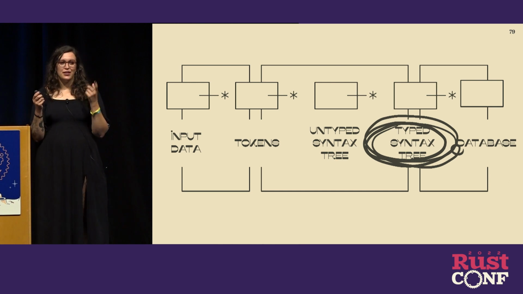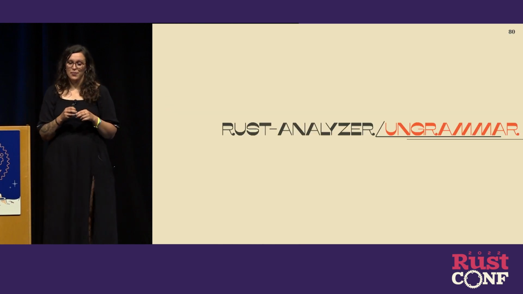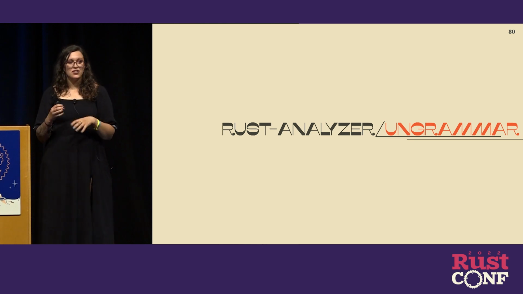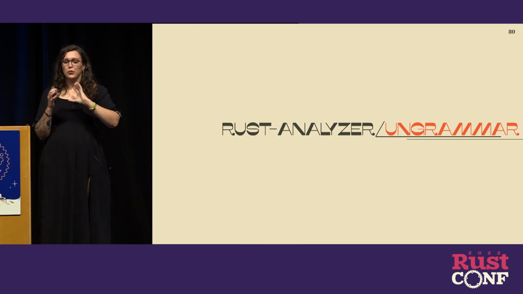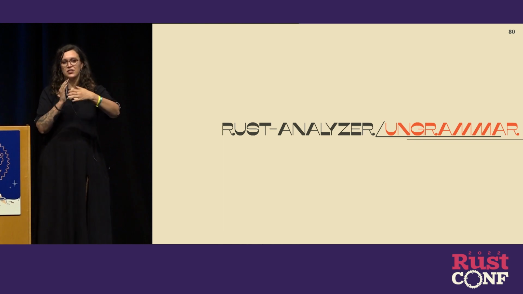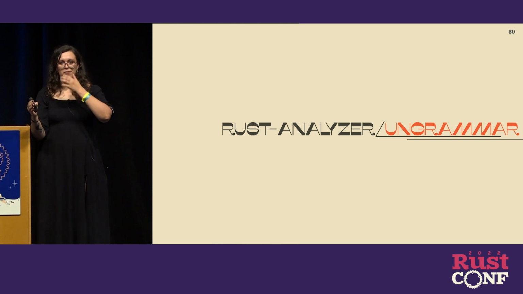And here we use another rust-analyzer crate called ungrammar, which is a domain-specific language that allows us to quickly do a little bit of code gen beforehand and take the nodes that Rowan provides us and create a typed syntax tree.